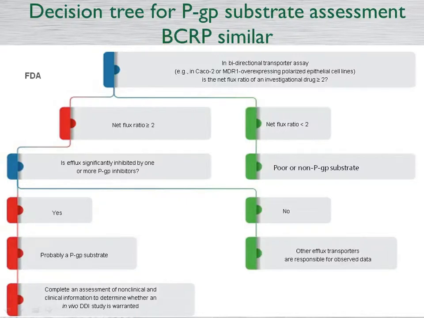If the uptake or the efflux ratio is inhibited, then it seems to be a substrate. If the efflux ratio is below 2, it's maybe not a substrate. It's the same for BCRP, and the decision trees are mostly closely related for all the transporters.